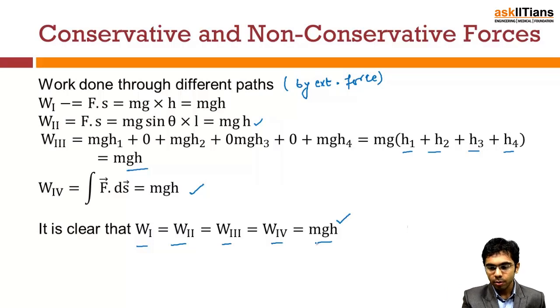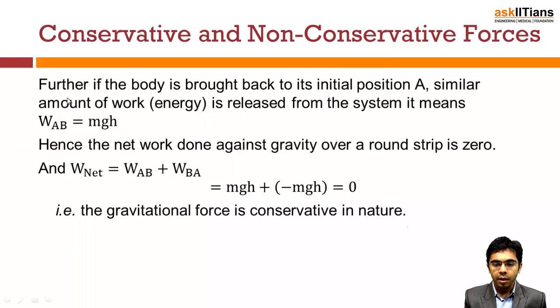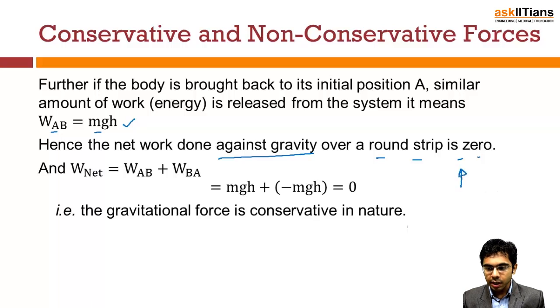Now further, if the body is brought back to its initial position A, a similar amount of work energy is released from the system. It means that work done AB is equal to mgh. This we have found. Hence the net work done against gravity over a round trip is 0, because when we take the body from point B to point A, we again apply mg in the upward direction.